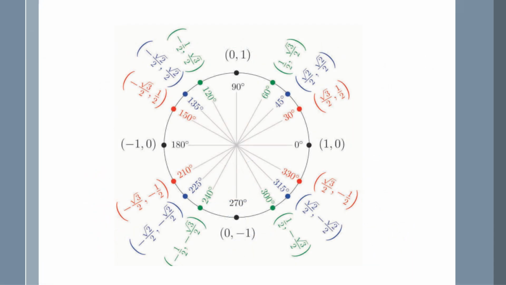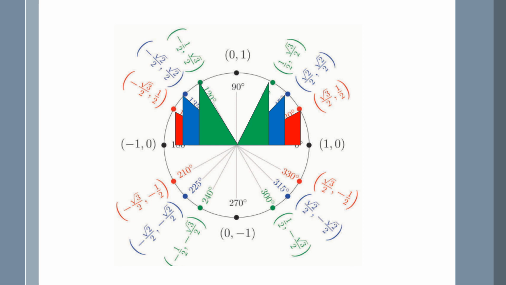Alright, so let's go through this. So we know 30, 45, and 60. And we know that 150 has a reference of 30. 135 is the reference of 45. And 120 is a reference of 60. We know that 210 is a reference of 30. 225 is a reference of 45 degrees.